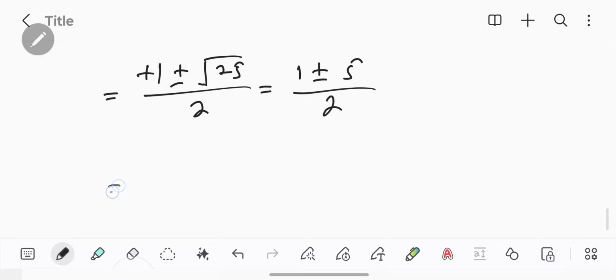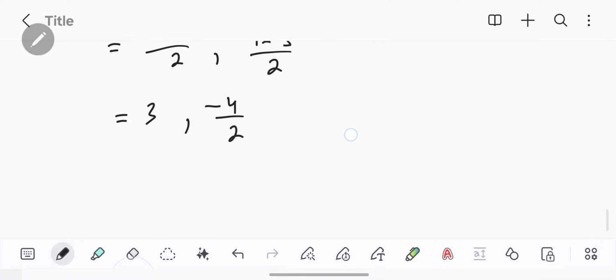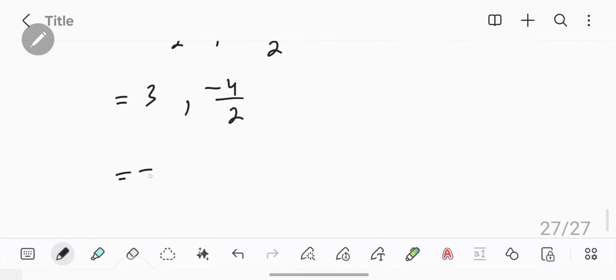Then we have two values, 1 plus 5 by 2 and 1 minus 5 by 2. 1 plus 5 is 6, 6 by 2 is 3. 1 minus 5 is minus 4, minus 4 by 2 is minus 2. So I have two answers, 3 and minus 2.